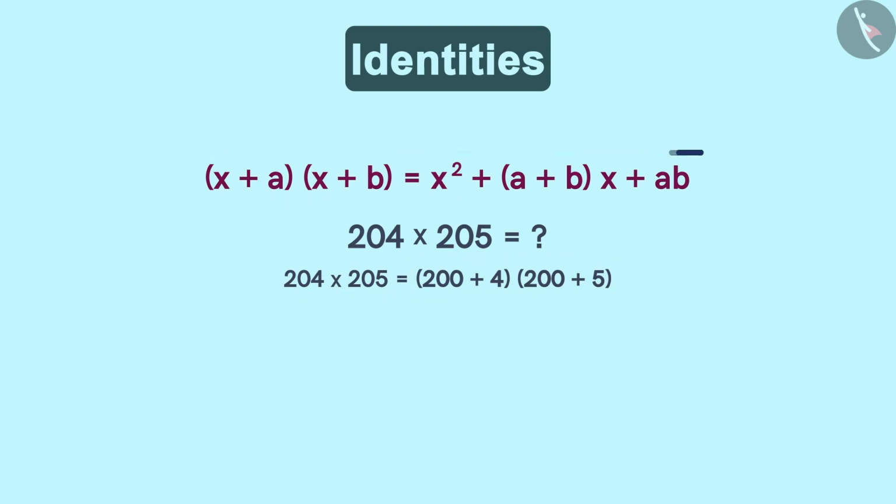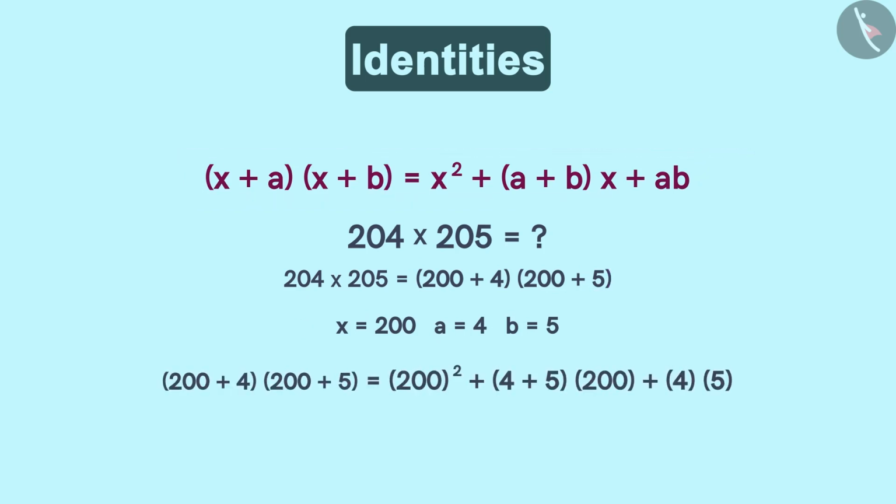Now, we can solve the right-hand side using this identity. Here, x is 200, a is 4, and b is 5. Substituting these values in the identity, we will get this. On further simplification, we get this as the final answer.